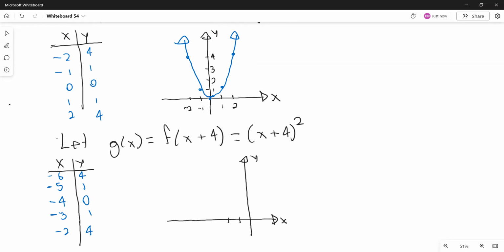The x values change, and the y values are the same. The y values didn't change. So we got (-6, 4), (-5, 1), (-4, 0), (-3, 1), and (-2, 4).